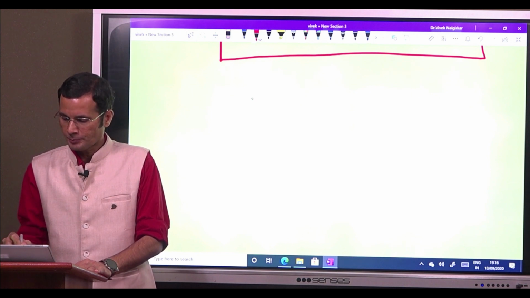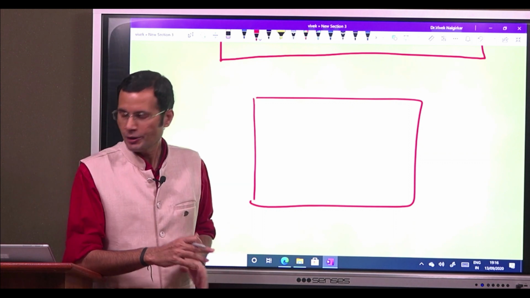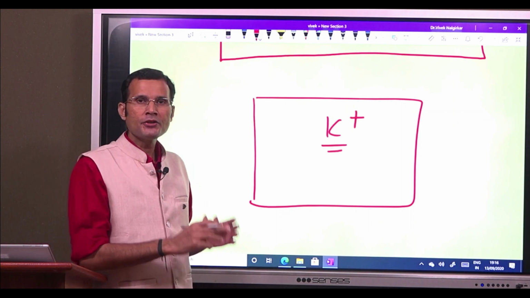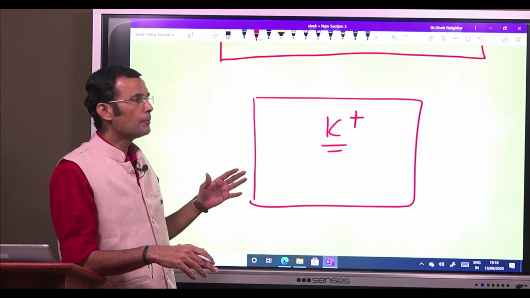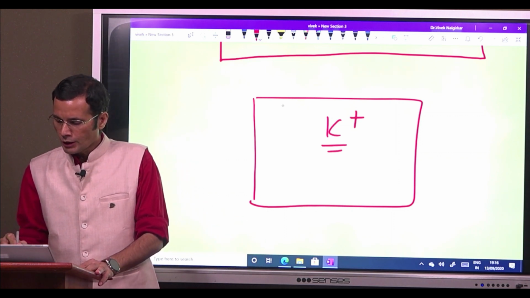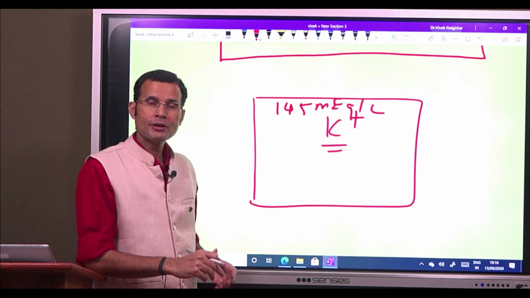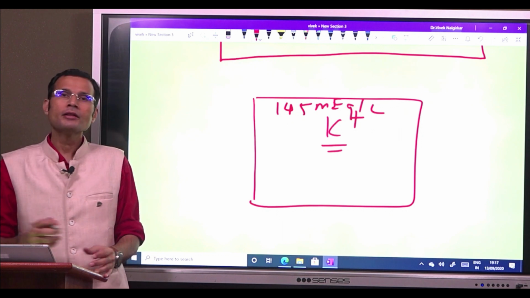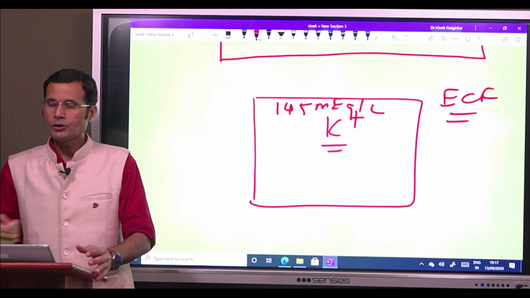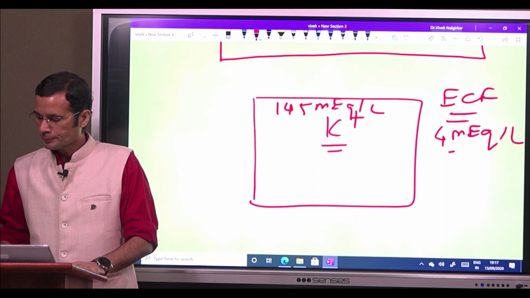The basics: if you look at the intracellular fluid and the extracellular fluid, potassium is an intracellular cation, a major or the most important intracellular cation. 145 milliequivalents per liter, that's its level in the ICF, and in the ECF, outside the cells, its concentration is low, 4 milliequivalents per liter.